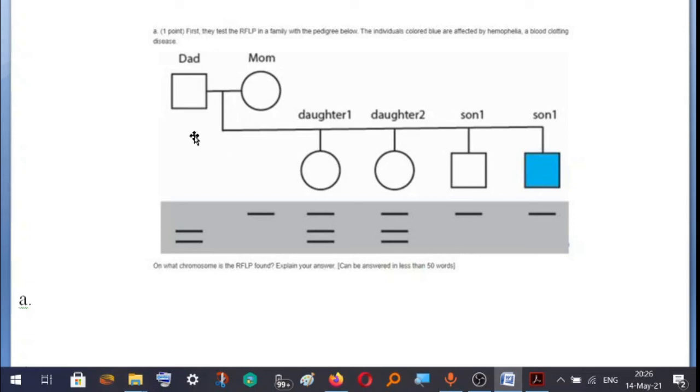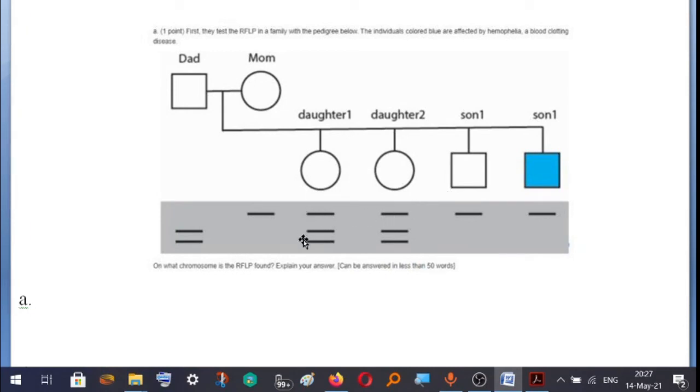So now let's assume that our SNP of interest is located on autosomes. If the SNP of interest is located on the autosomes, then we should be expecting the DNA banding pattern for the daughter and son to be equal, because the autosomes carried by both the daughter and son are more or less the same.